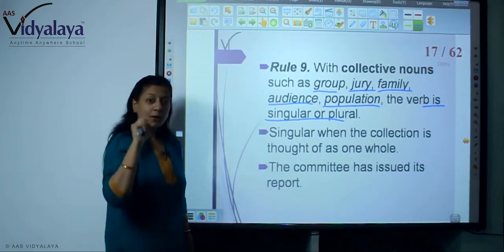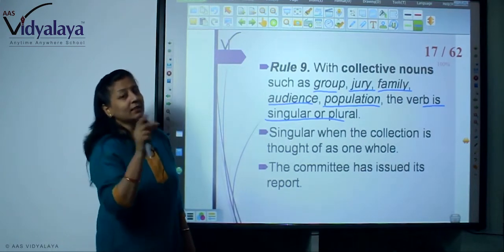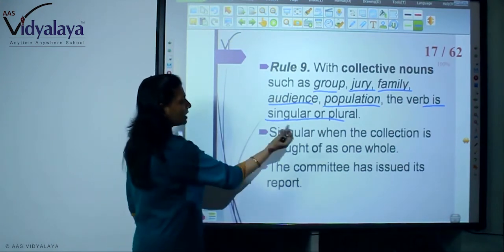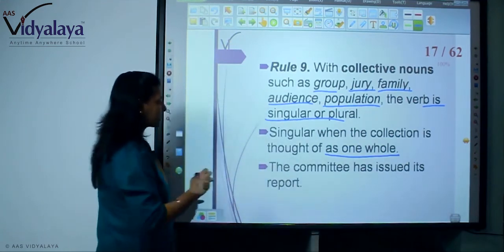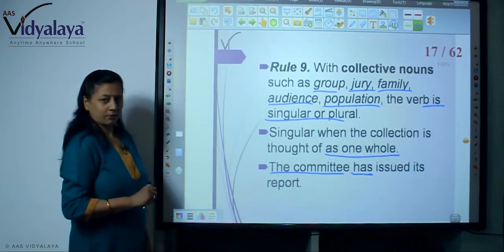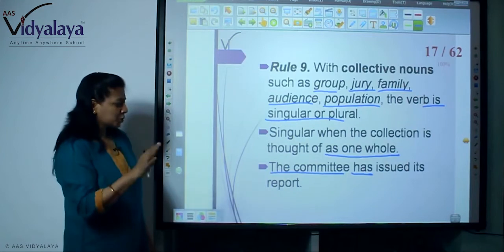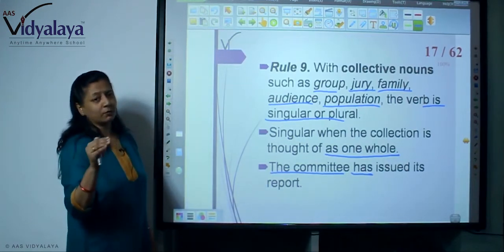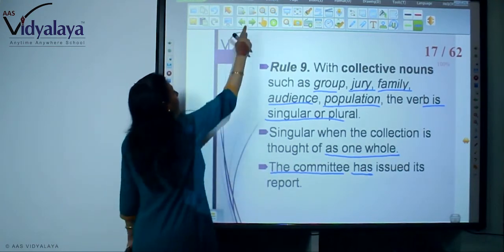When we consider the members of the group individually, the verb will be plural. For example, singular when the collection is thought of as one whole: the committee has issued its report. The entire committee has issued its report. We are not talking about the individual persons of the committee. We are talking about the committee as a whole unit.